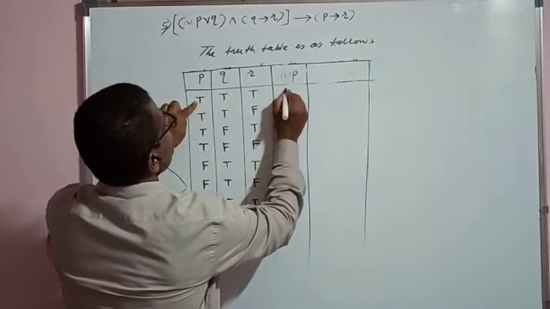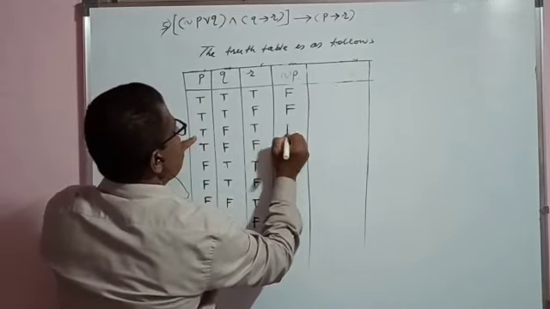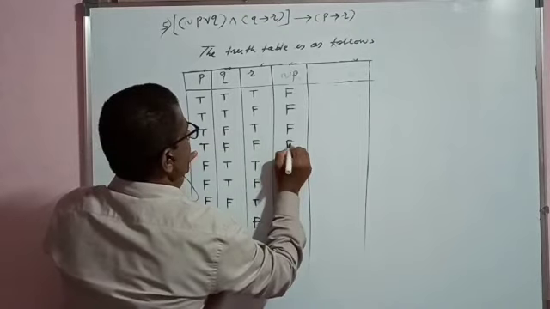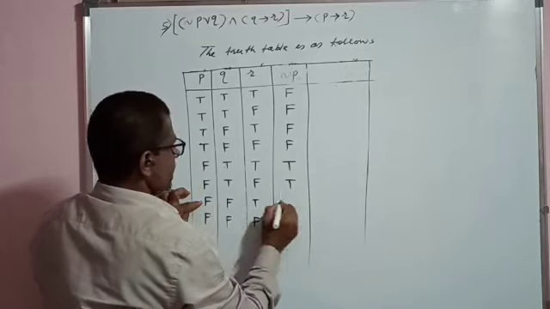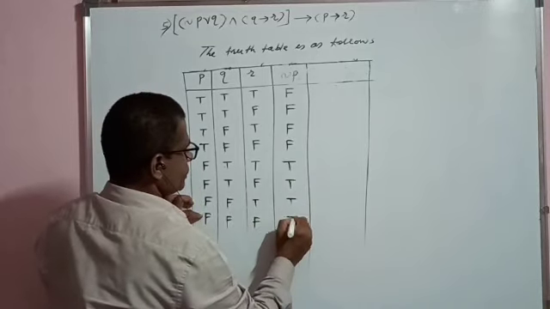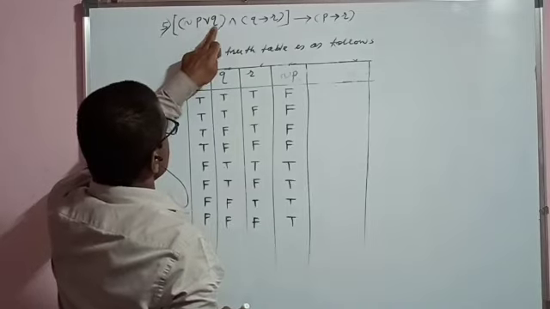Write down the truth values of negation of P. Negation of T is F, four times. Negation of F is T, and so on: F, T, F, T, F, T, F, T. Then in between negation of P and Q, disjunction is there.